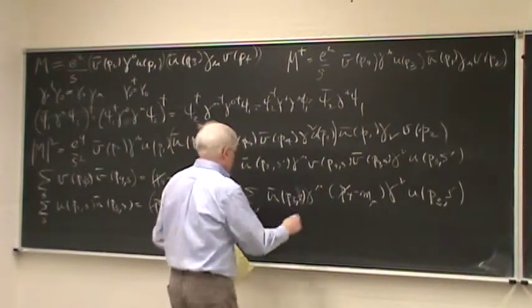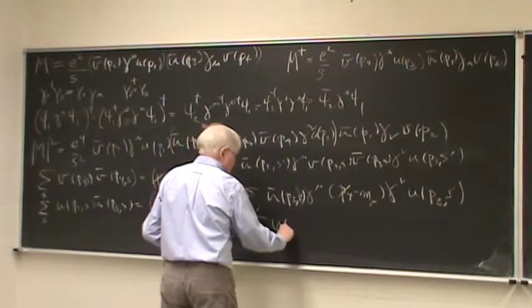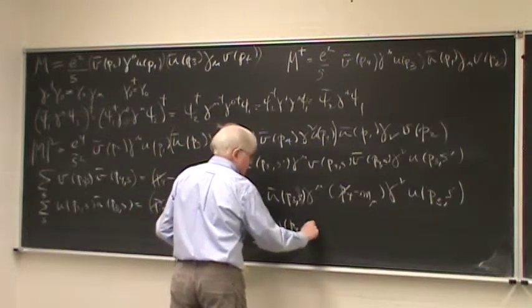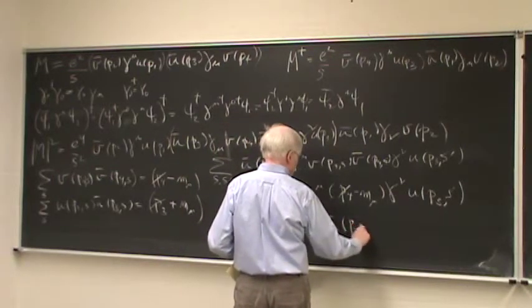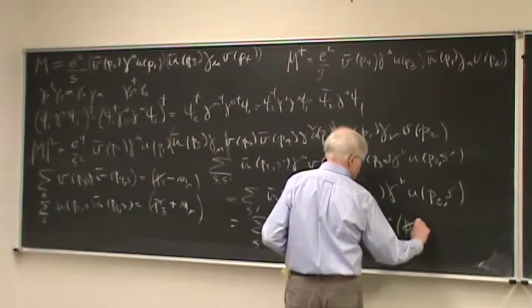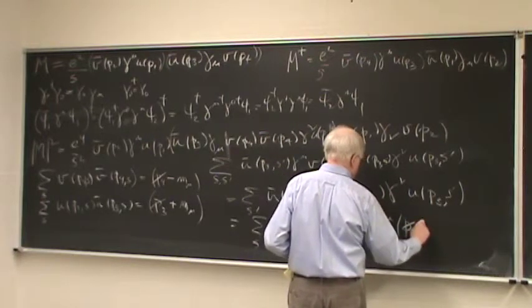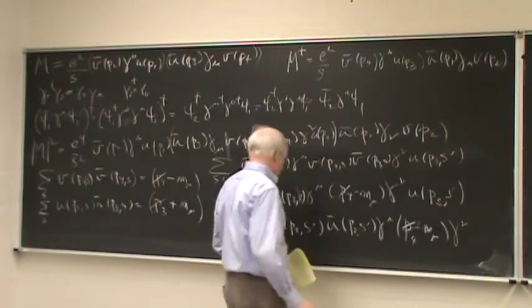So let me just do it explicitly. Sum over S prime U of P3 S prime U bar P3 S prime gamma mu, and then the left P slash minus P4 slash minus mu gamma nu.